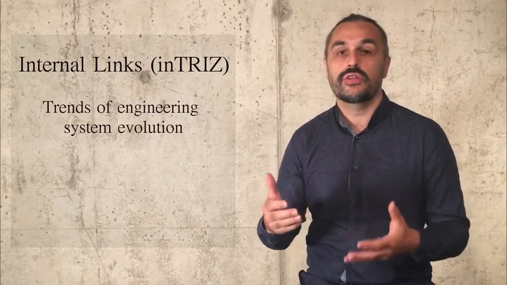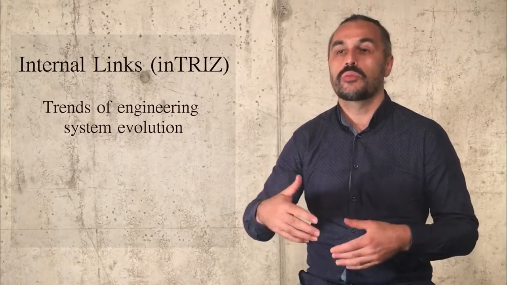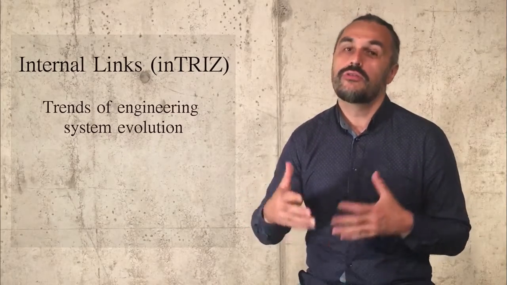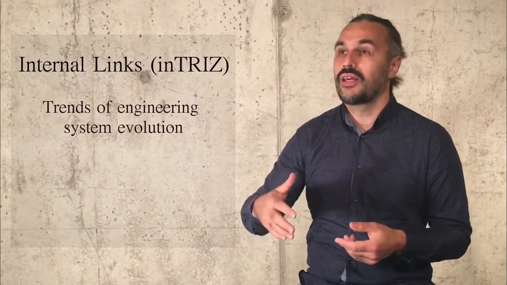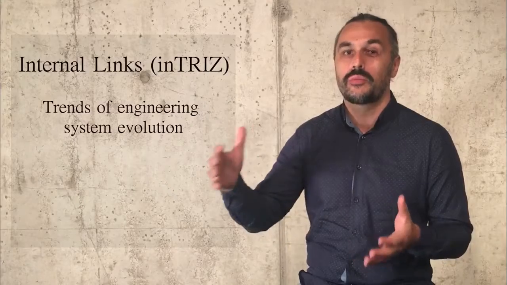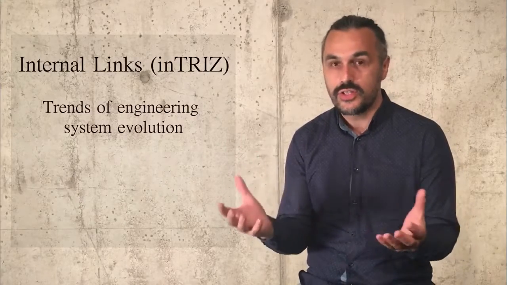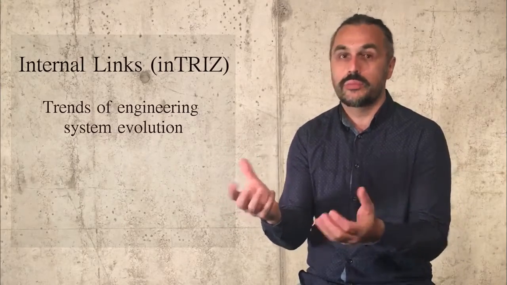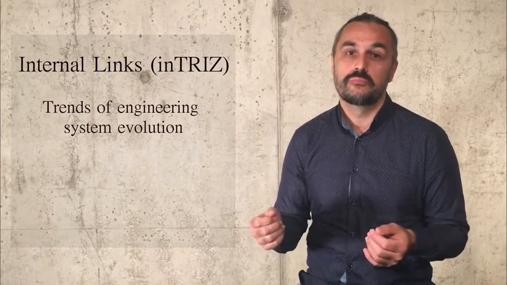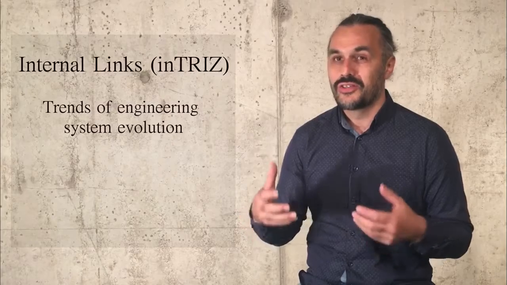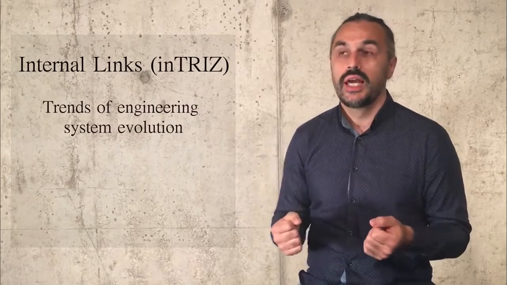So by eliminating contradictions one by one, the system becomes more dynamic, more functional, more ideal. Ideally, when the system has reached its final point, it disappears. It does not exist as a material product. And obviously, if it doesn't exist, there are no contradictions, and that is the arrival point.